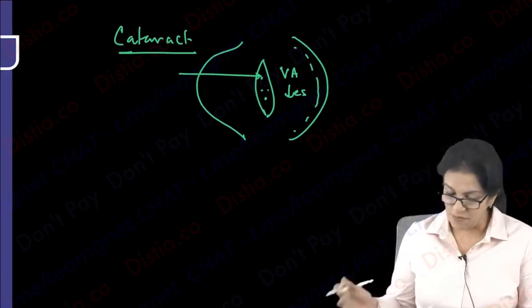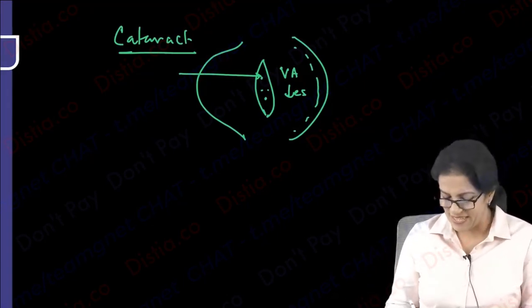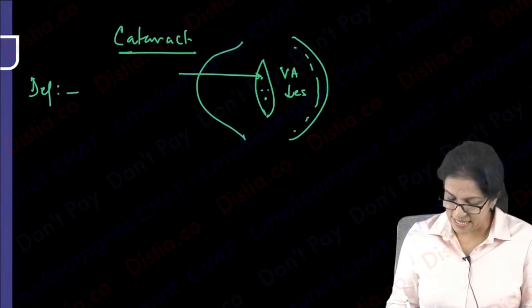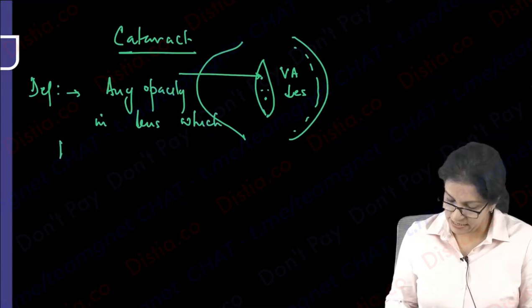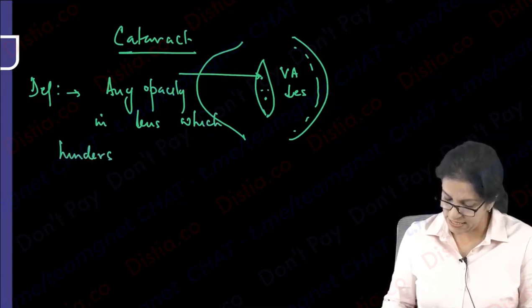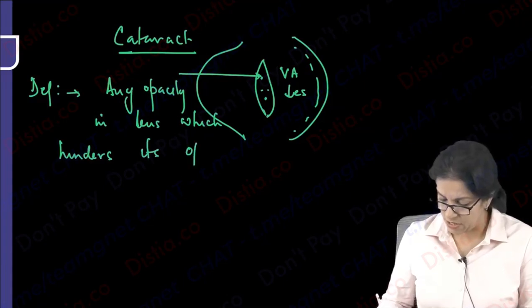Understood? Okay, if you have understood, let's write it formally also. So, we'll define cataract as any opacity in the lens which hinders its optical homogeneity.